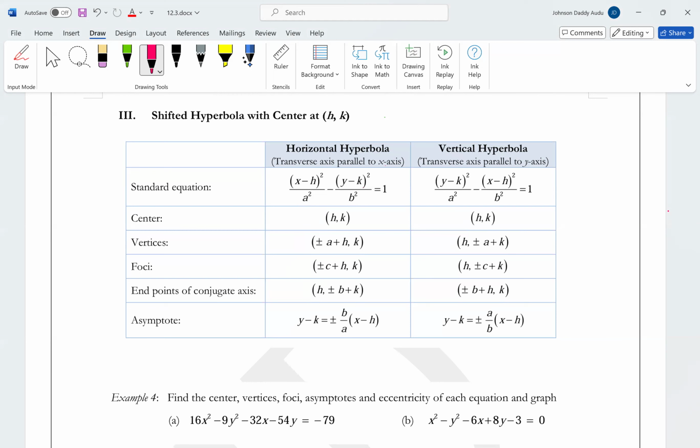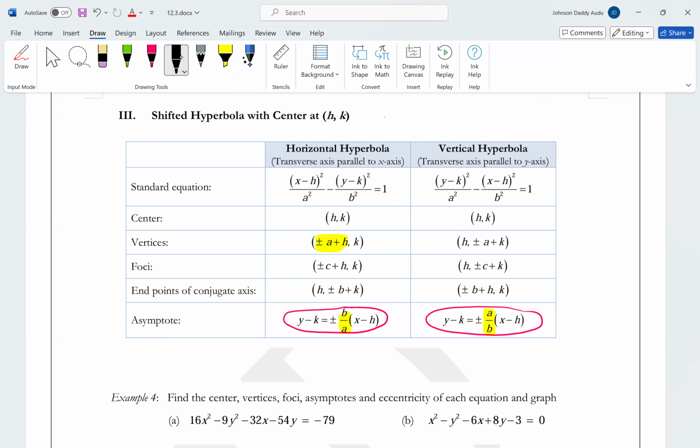Another notable change has to do with the asymptotes as well. The slope still remains as b over a for the horizontal and a over b for the vertical, but now you have both a horizontal shift and a vertical shift. Also, in terms of the vertex, you have plus h.